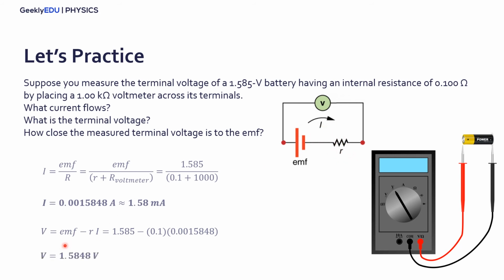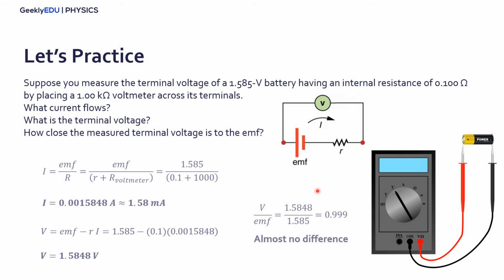We have a terminal voltage of 1.5848 volts. And we want to know how close this measured value is to the EMF, the actual voltage of the battery. Well, we can make this division: we take the measured value and divide by the EMF, and we see that they're practically the same.